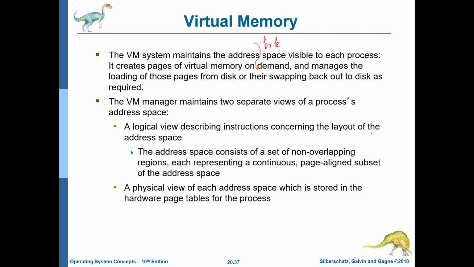In the sense, the logical view contains the text of the process, which is basically the code of the process, the heap, and the stack, and so on. So that is like the memory map of the process. And then, of course, there is the physical view of the address space, which is stored in the page tables, which does nothing but the virtual to physical address translation.